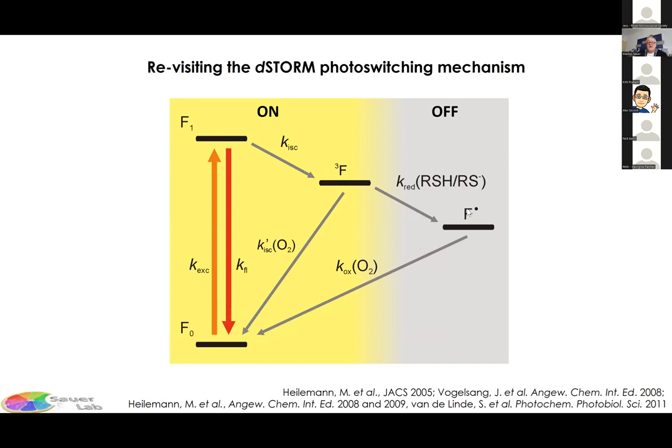And then there is the thiol, which reacts in a reductive way. So a reduction process is going on and produces a long-lived intermediate state with a lifetime of a few seconds for these cyanine dyes. And then just by chance, the singlet ground state is again repopulated, most probably by reaction with residual oxygen.